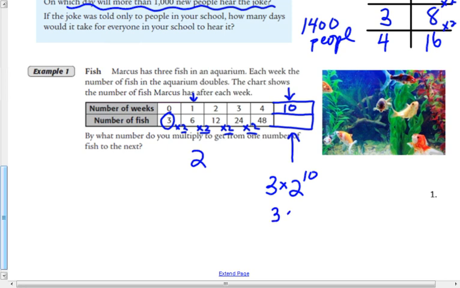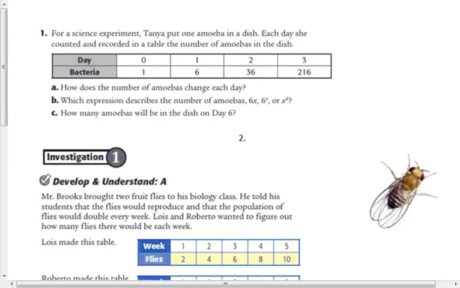And that equals 3 times 1,024, which is 3,072 fish. And in general, we can find any week, so n, just by taking the number we started with times 2 to the nth power. All right, I'm going to do one more problem with you.